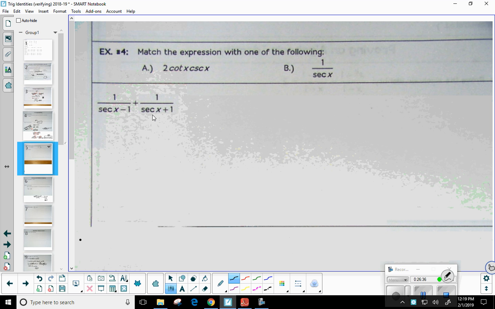So let's take a look at this right here. 1 over secant of x minus 1. So let me go ahead and rewrite the problem. 1 over secant of x minus 1 plus 1 over secant x. That would be plus 1. Okay. So here's an idea that I always have.